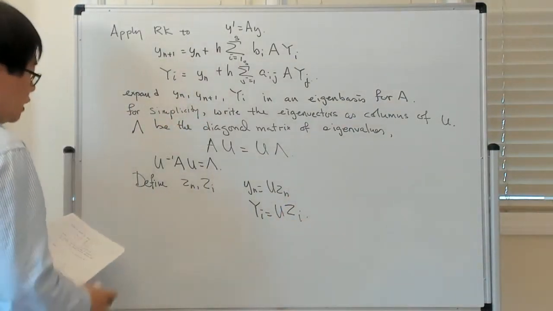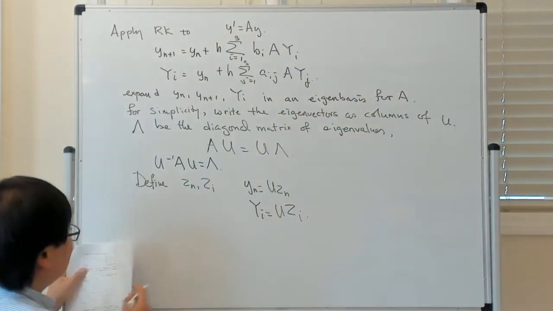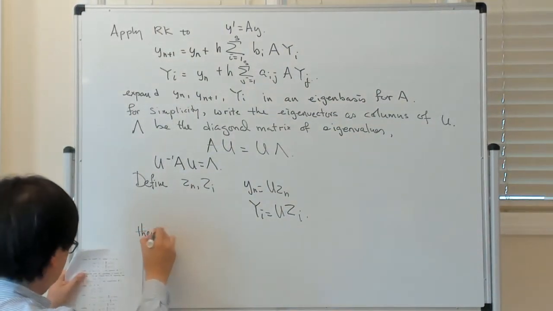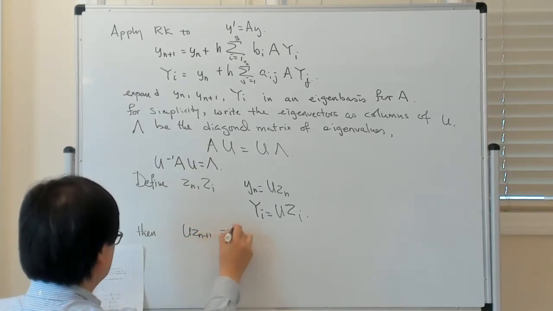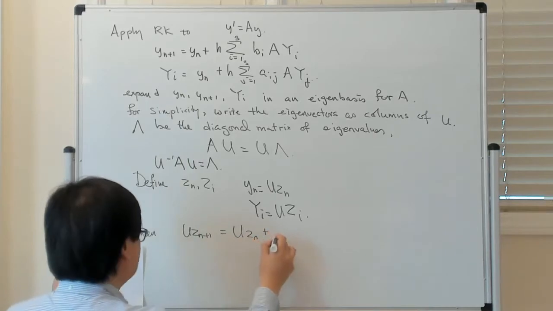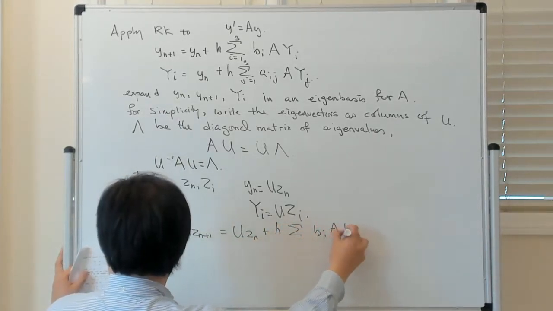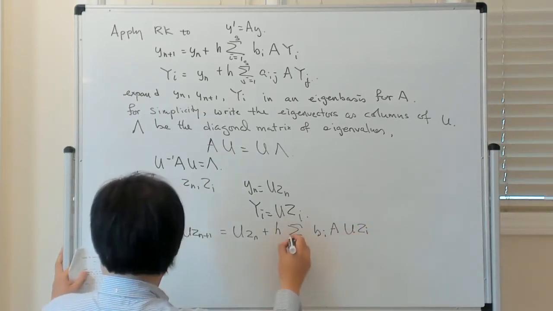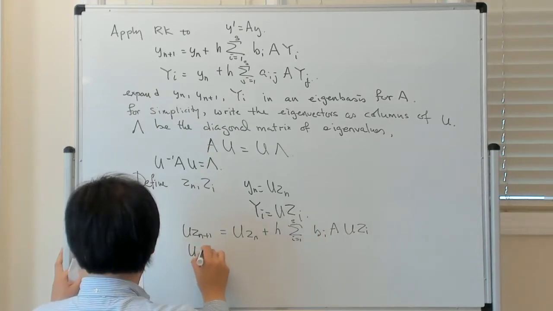Okay, then in these transformed coordinates, you get U z_{n+1} equals U z_n plus h times the sum of b_i A U Z_i, i equals 1 to s.